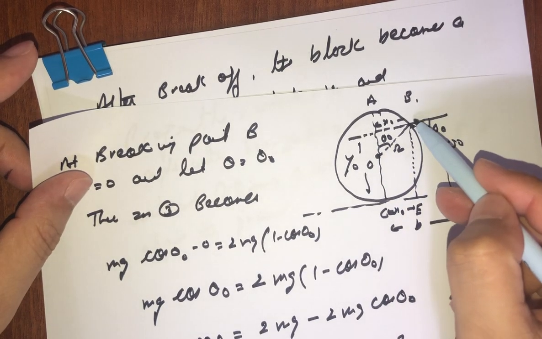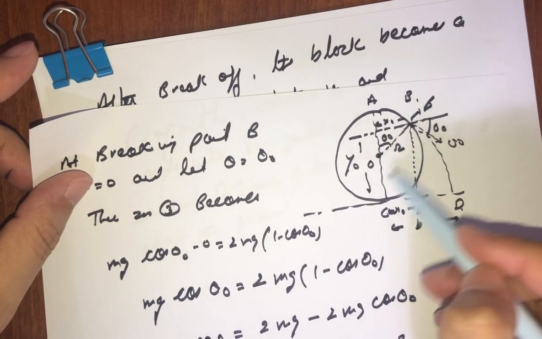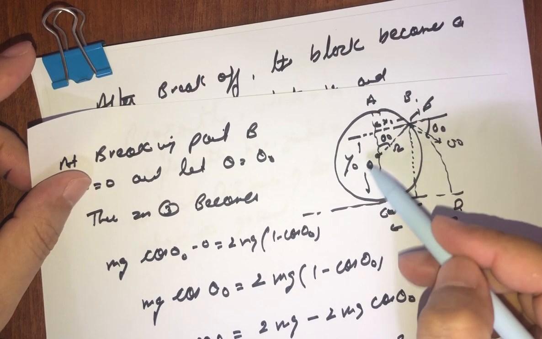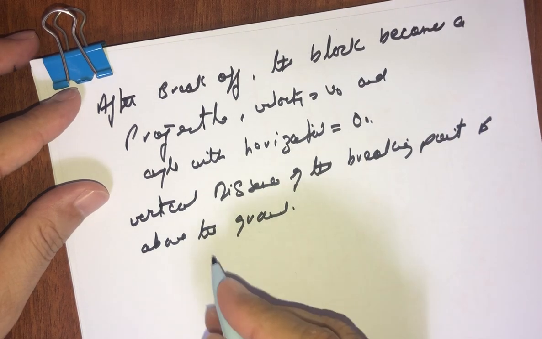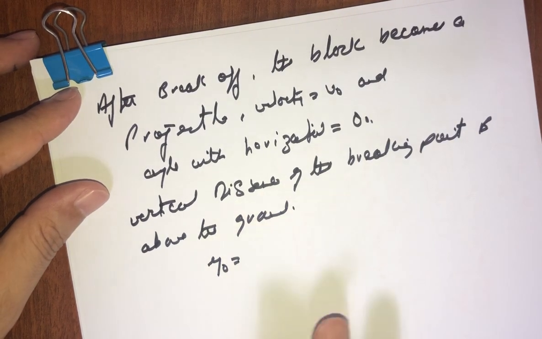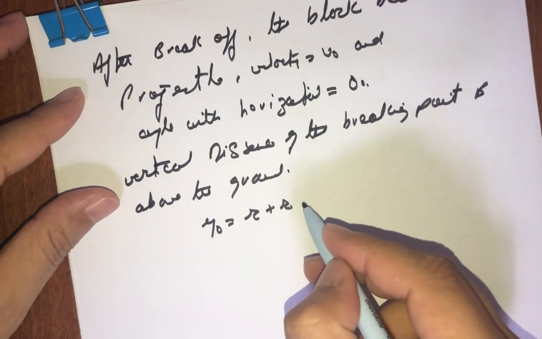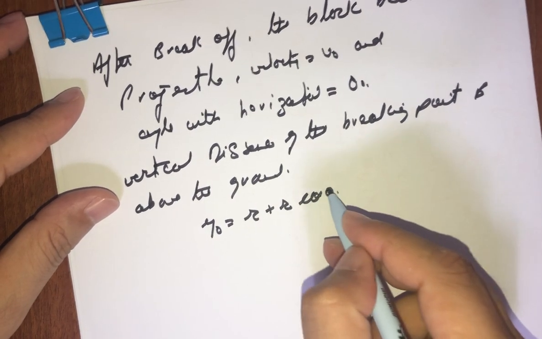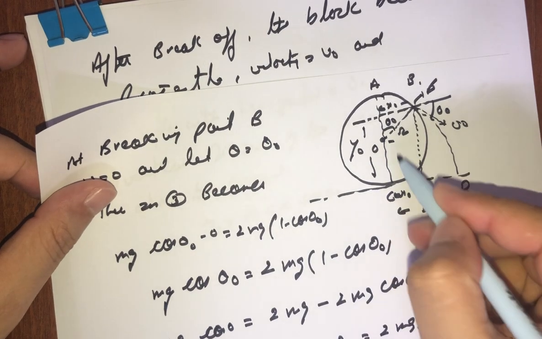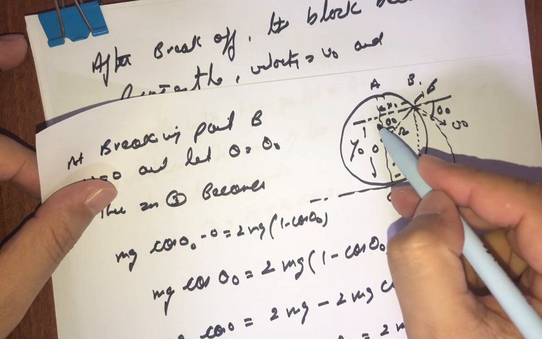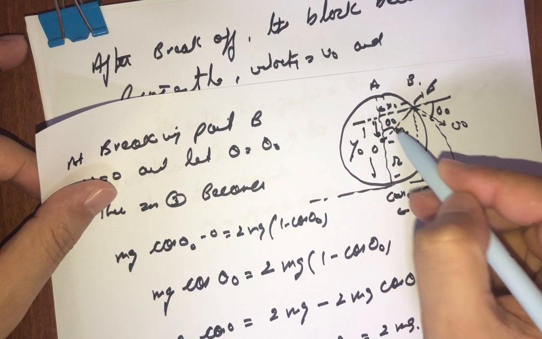So this is point B, at a vertical height of y naught. So we can say that y naught is equal to r plus r cos of theta naught. This is radius r, and this is theta naught, and this is r.